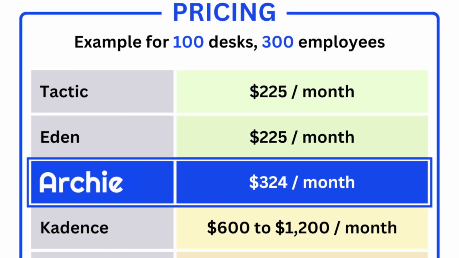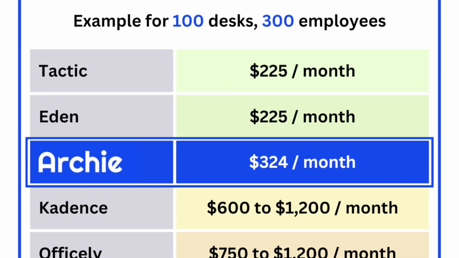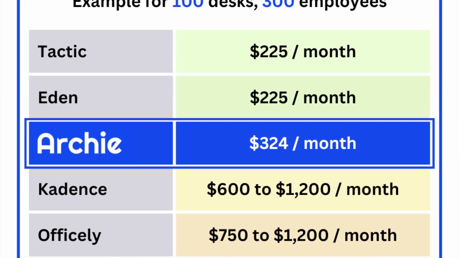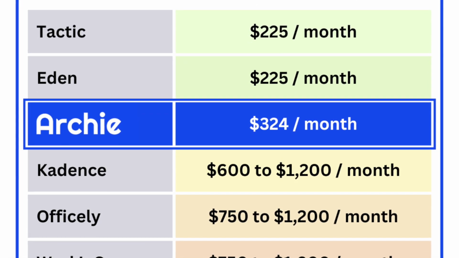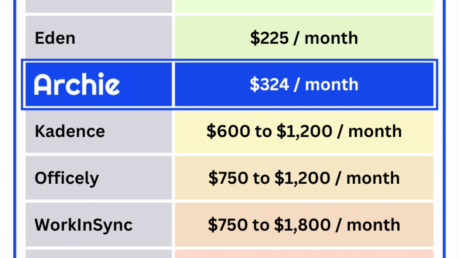Now, when it comes to pricing, there are basically 2 main models out there. One is price per user, and the other one is price per resource, so price per desk, pretty much. Now, the difference can be pretty huge. To give you an example, if you have 100 desks and 300 employees, an Archie license with all features included and all integrations included would be $324 a month.